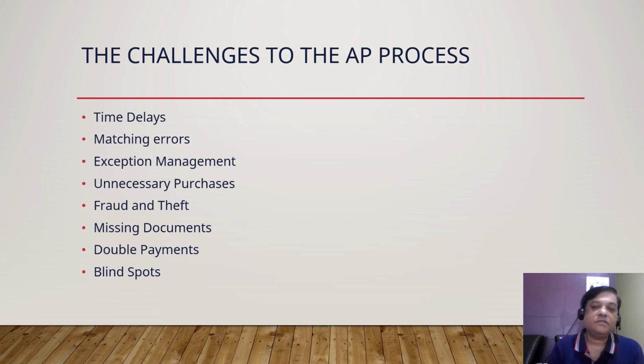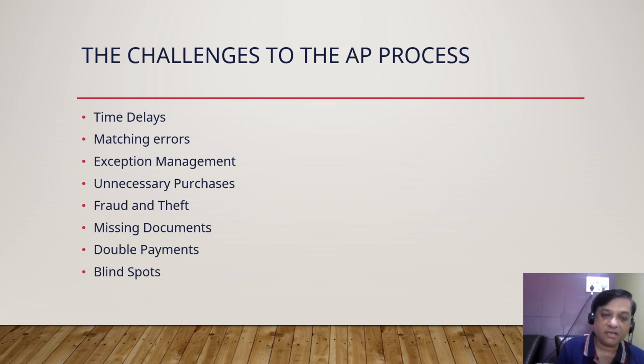So the challenges of the AP processes are, since we have an entire management system that takes care of AP, there will be time delays, and there will be some matching errors because the invoice can sometimes be different, sometimes the PO can be different. Therefore, there can be exception management and unnecessary purchases.